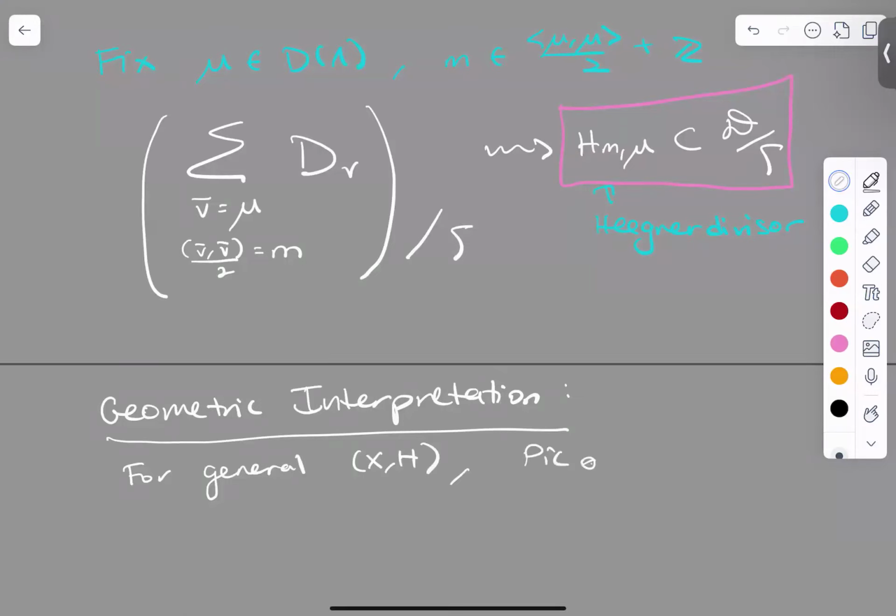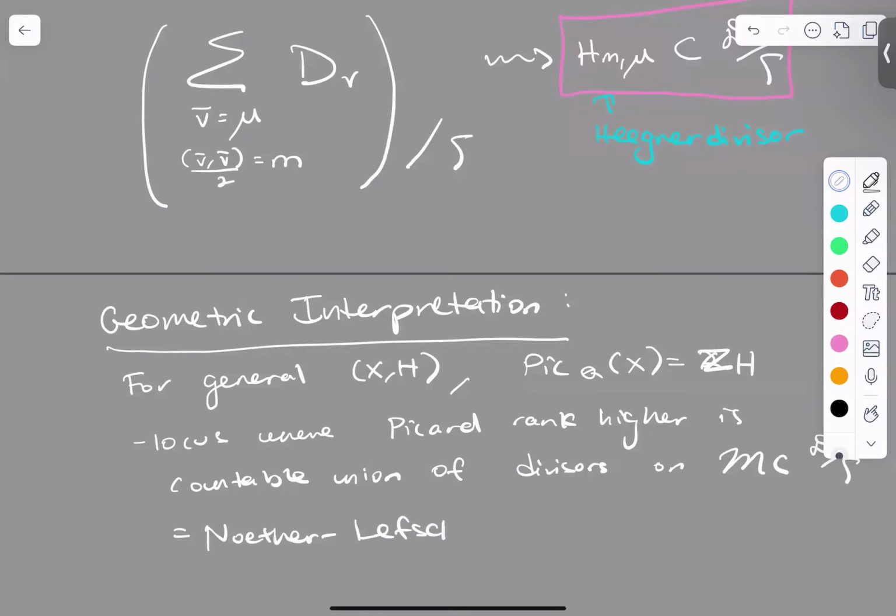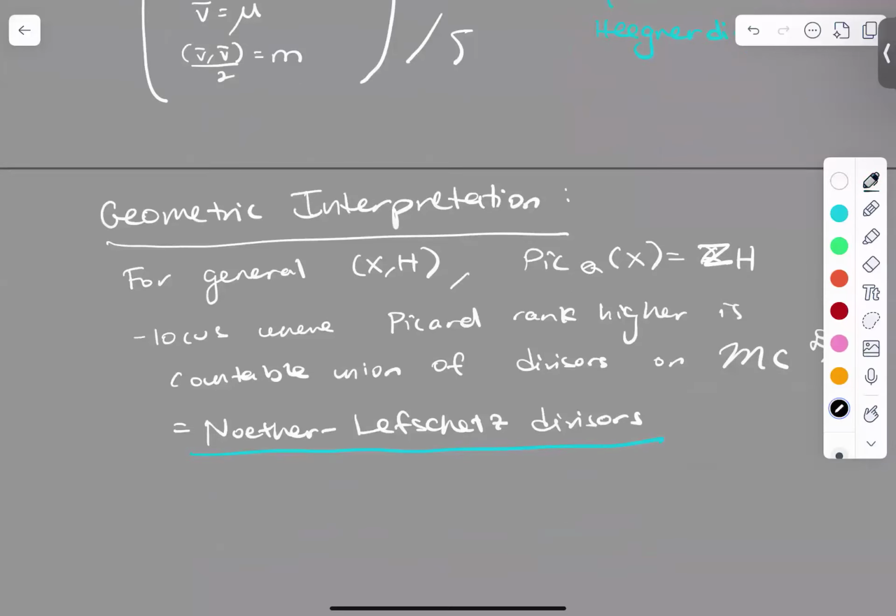And these are called Noether-Lefschetz divisors. And what do these divisors look like? Well, we usually denote them this way, D_{h,a}. I guess maybe this regular D is more common.